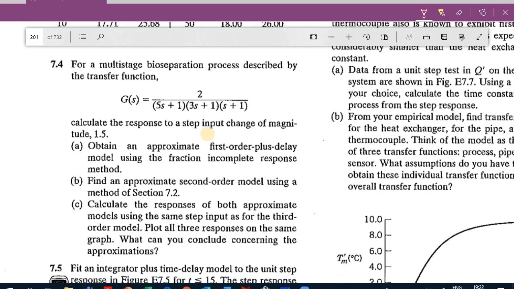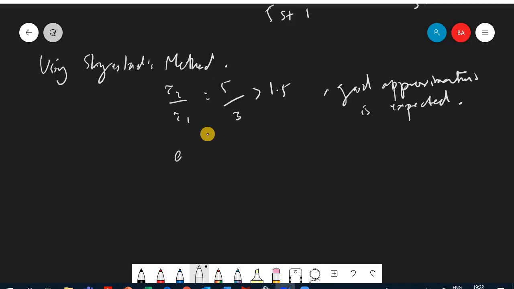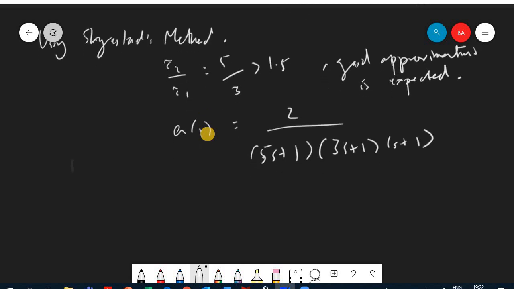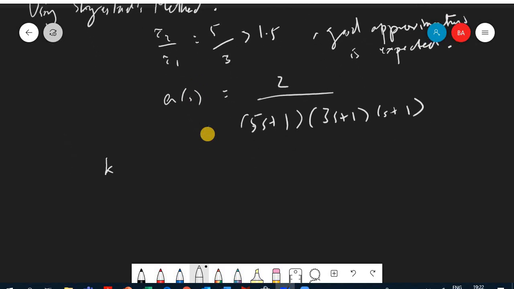If we just recall our g of s, g of s is equal to 2 over (5s plus 1)(3s plus 1)(s plus 1). My K's cog, if you can recall, is equal to 2.